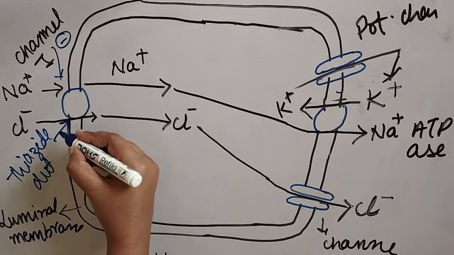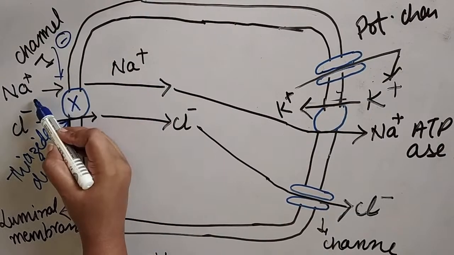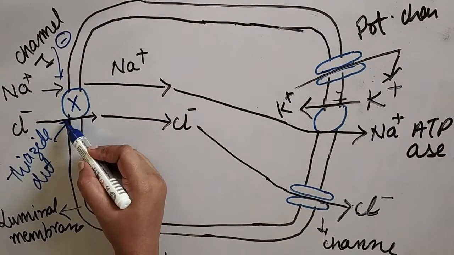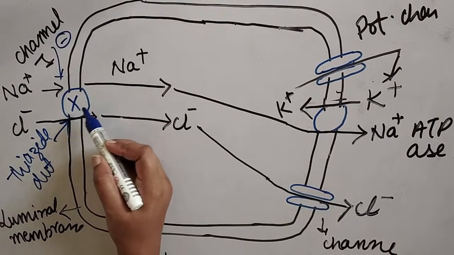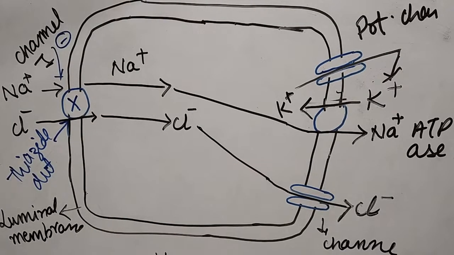If channel 1 is blocked, sodium and chloride cannot enter inside the DCT, the distal convoluted tubule. So if no ion can enter inside, there will be loss of sodium chloride ions.